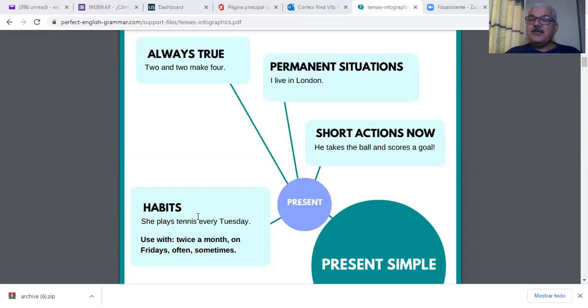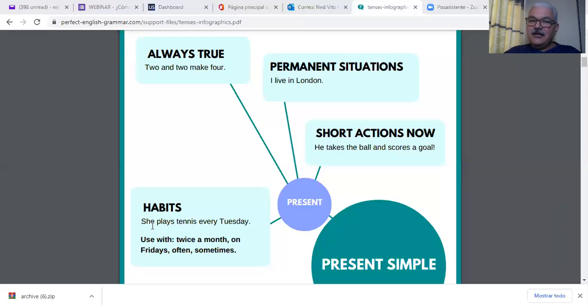Then it could also be used for habits like this one. When you do an activity every time, constantly, and you are accustomed to it. Then you say, she plays tennis every Tuesday. Notice that it is one Tuesday and another and another, and it is repeated all the time. It's a habit.